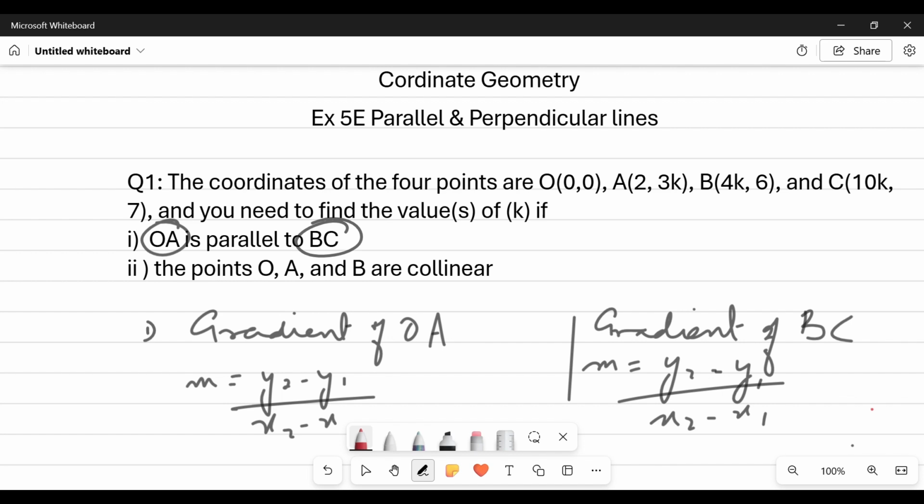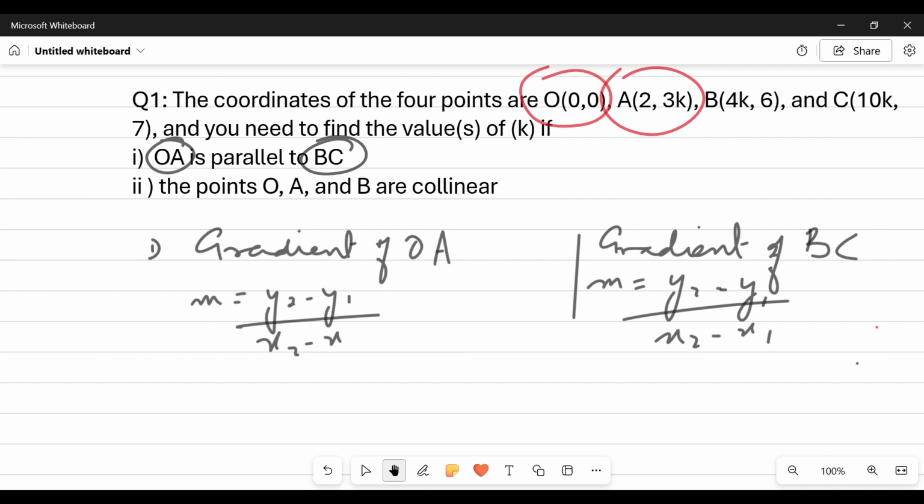The coordinates of O are (0, 0) and the coordinates of A are (2, 3k). We substitute these values: x1 is 0, y1 is 0, x2 is 2 and y2 is 3k. So 3k minus 0 over 2 minus 0, which gives you 3k over 2.